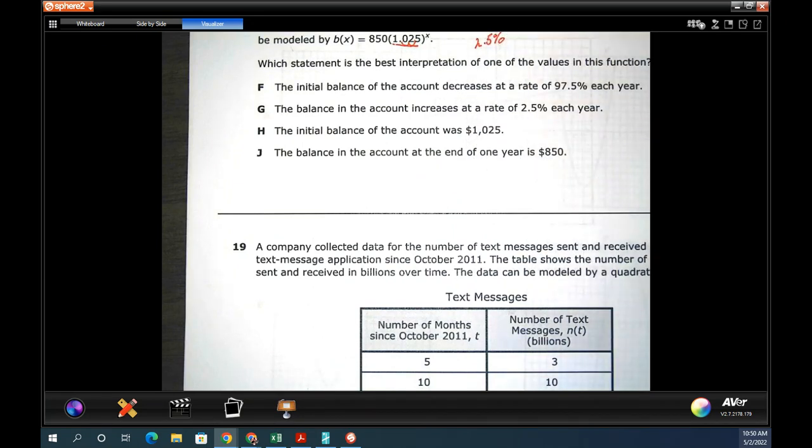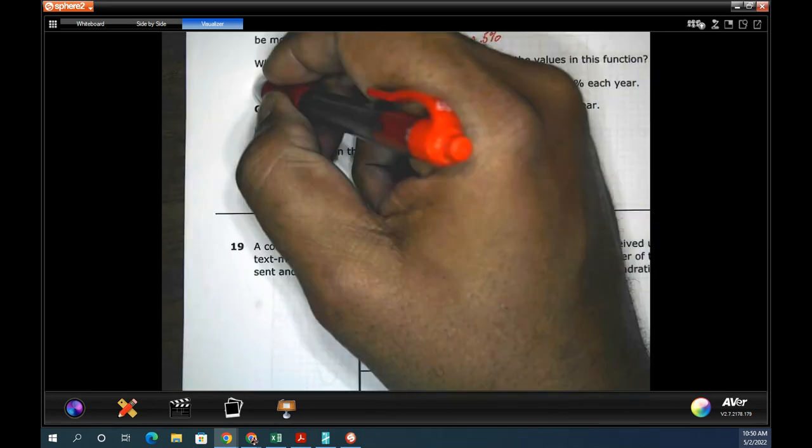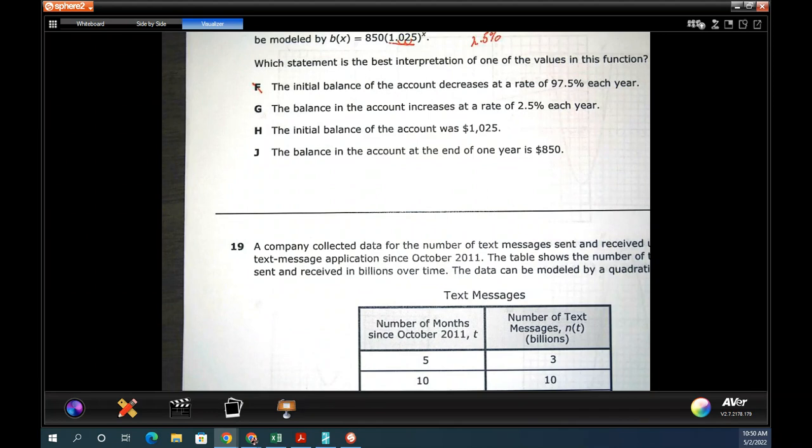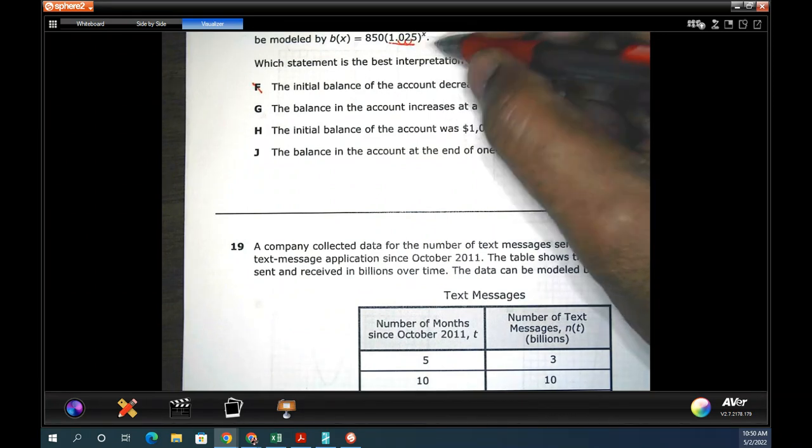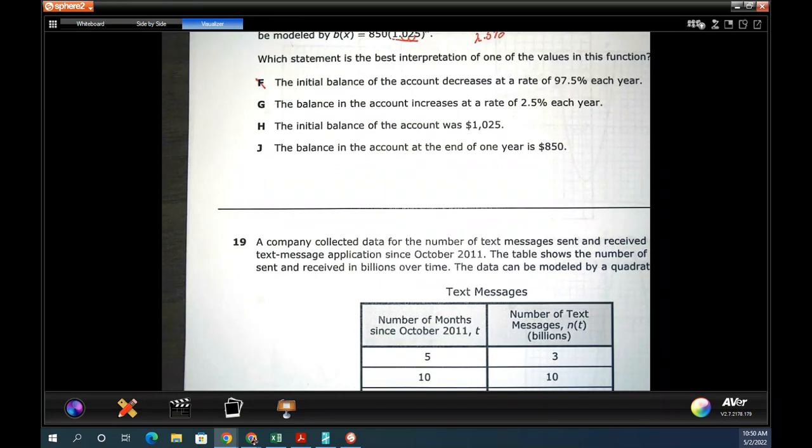The initial balance of the account decreases at a rate. Is it going to decrease? No, because they added to it. Because remember, they started with 2.5% and they added 1 to that, changed to a decimal, added 1. The balance in the account increased at a rate of 2.5%. Is that it?